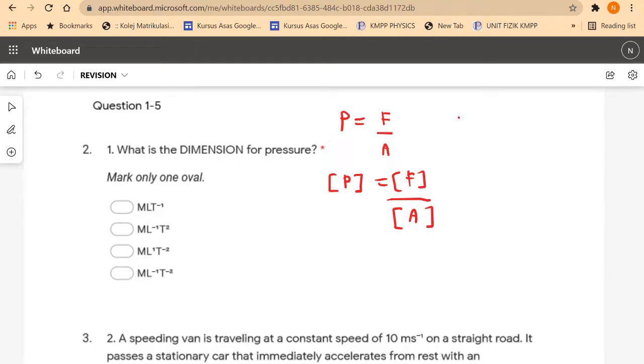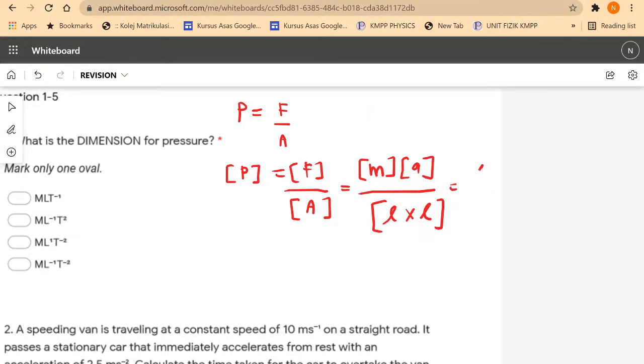Okay, so force is mass times acceleration, and area is length times length. Alright, and then the dimension for mass is M, and the dimension for acceleration is L per T squared, and the dimension for length is L. So this is L times L, so this one will be L squared.